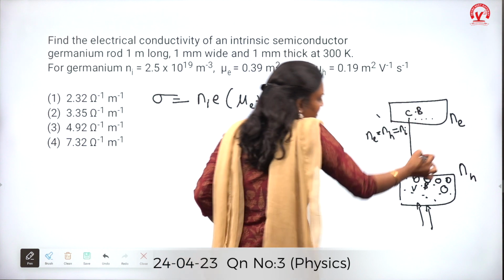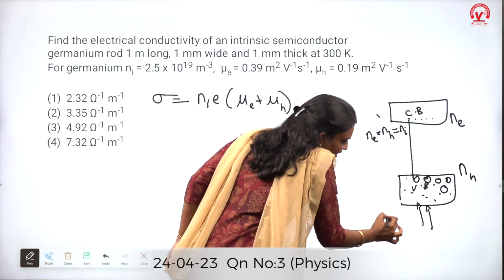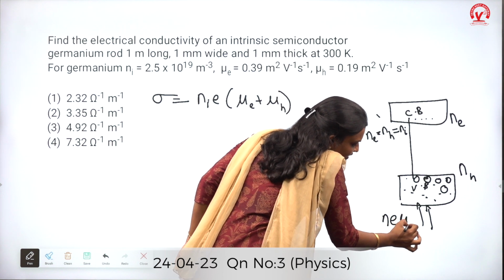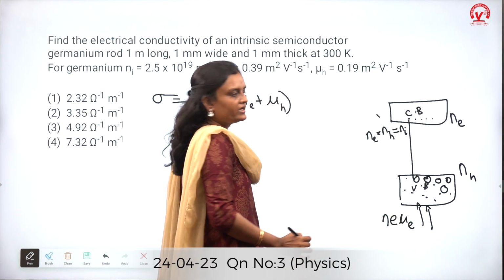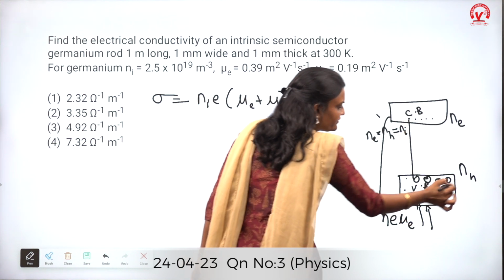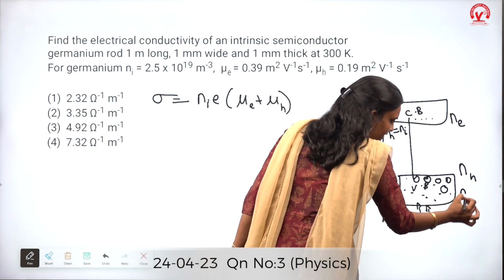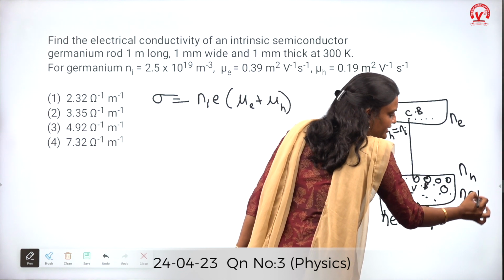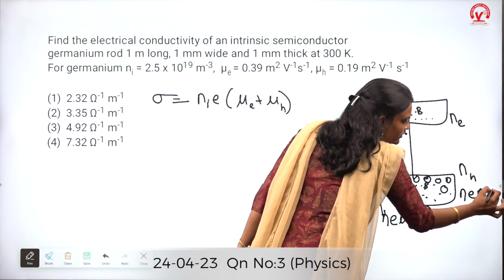Now in the conduction band we will have n number of electrons, the charge of an electron, and the mobility of an electron, mu e. And for the valence band we will have n number of holes, the charge of an electron also, and mu h.